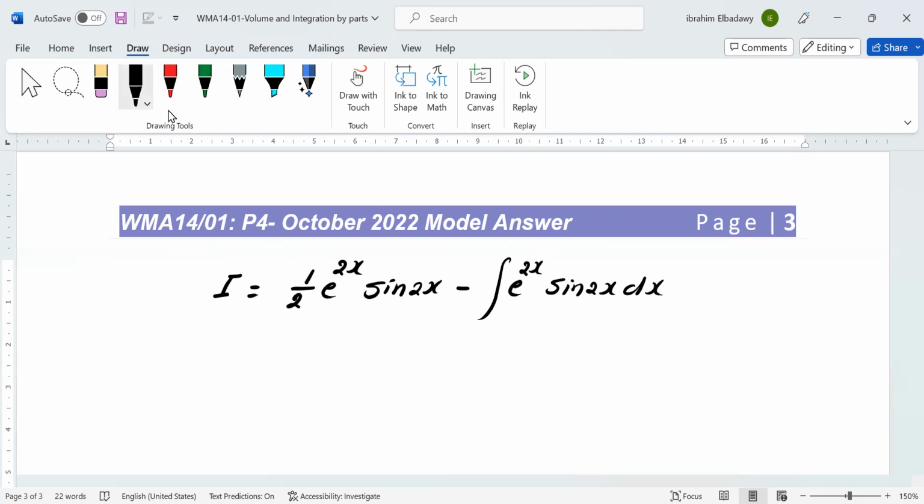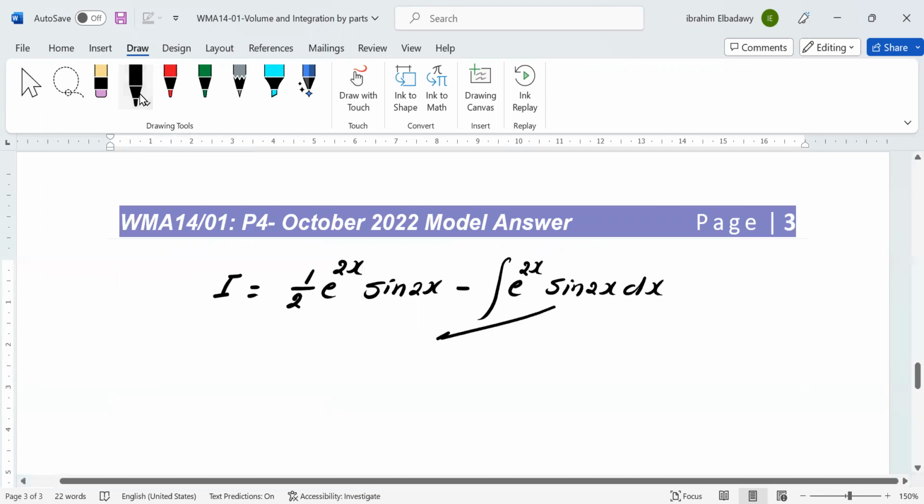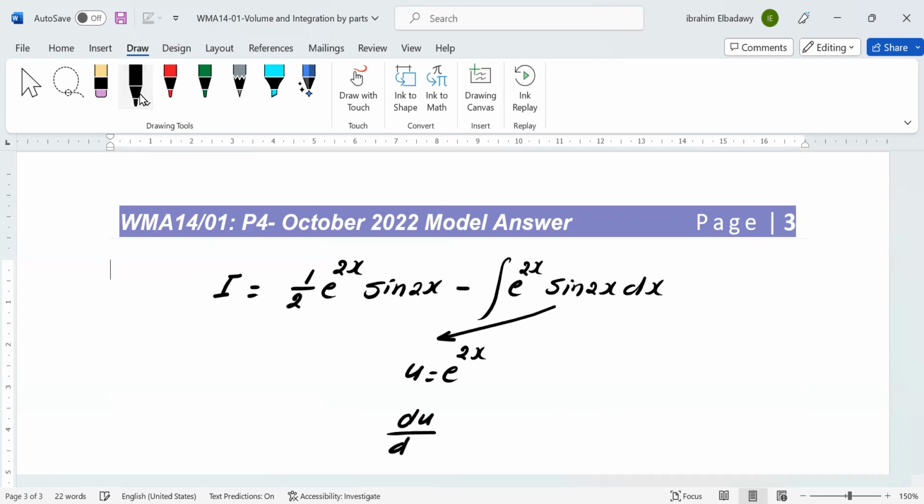You have to repeat integration by parts once again, but try to stick with the choice from the very beginning. For example, you selected u equal e power 2x, so stick with it please, and du by dx will be 2e power 2x, and dv by dx equal to sine 2x.